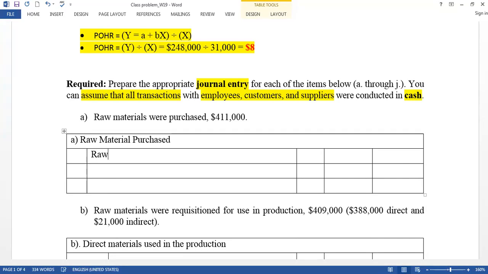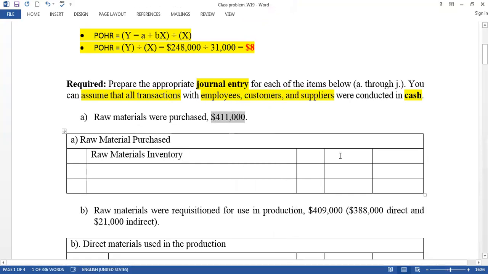So raw materials inventory debit, because we purchase raw materials, or raw materials increase. And the question said that all transactions are related with cash, so we paid cash, credit 1,000.